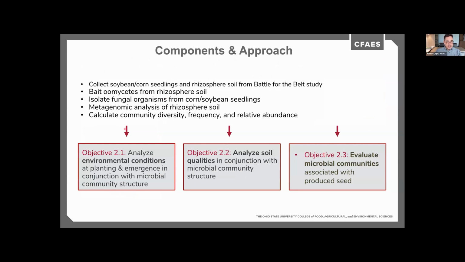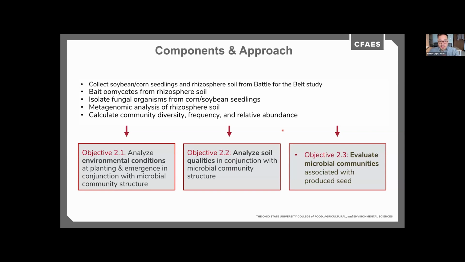So what Jenna is doing is essentially fulfilling 3 objectives. One is evaluating these environmental conditions, analyzing soil variables. So looking at the different parameters of soils, but also the microbial community of the soil, that soil that surrounds the seedling when it germinates. And then also evaluating what are the different organisms that she can retrieve from those seedlings.